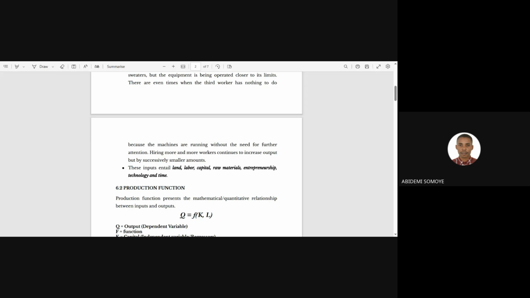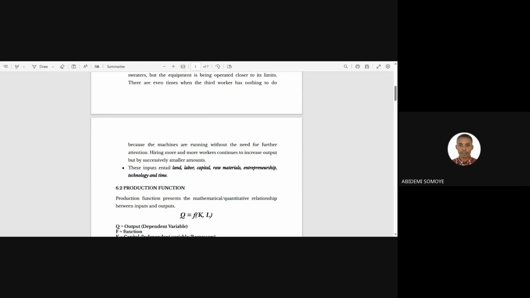So you have one fixed input and one input that is variable. Usually capital, like machines, is fixed in the short run. You can't easily change them. And things like labor vary in the short run. You can easily employ more labor in the short run.